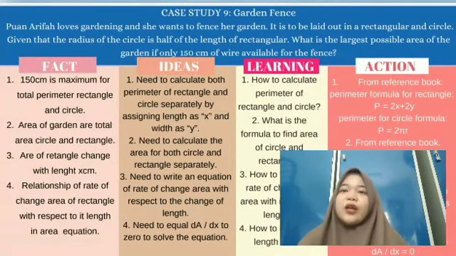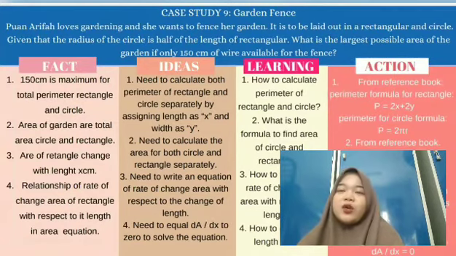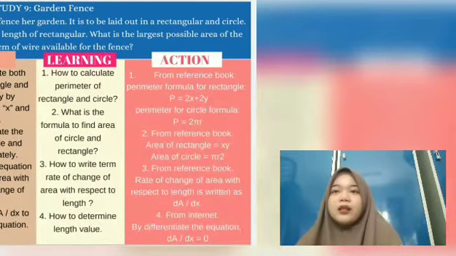Third, need to write an equation of rate of change of area with respect to the change of length. And the last one, we need to equal dA per dx to 0 to solve the equation, which means we need to do differentiation.